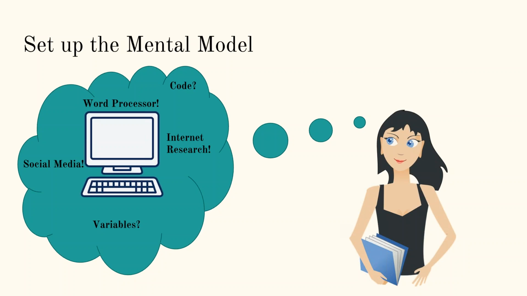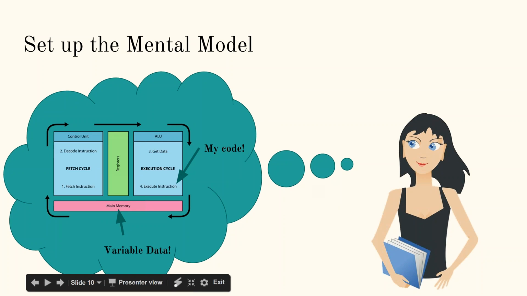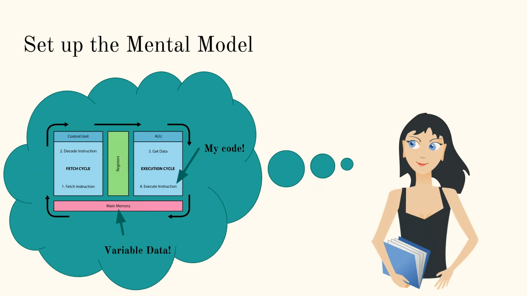So it's important that at the beginning you're setting up the mental model of how the computer works and how it reacts to code. So to me, this is kind of a visual of what I want my students to understand at the beginning of the course. I want them to understand that there's memory in the computer, and when we set up a variable, the data in the variable is stored in memory.